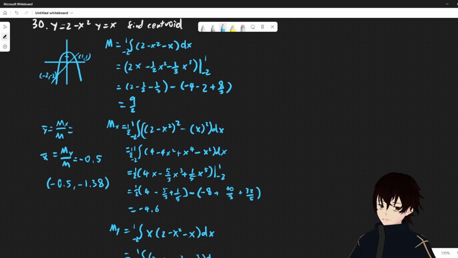That's right. Wait. Well, that's right. The integral is solved correctly.